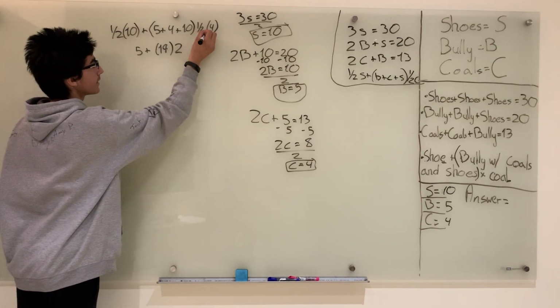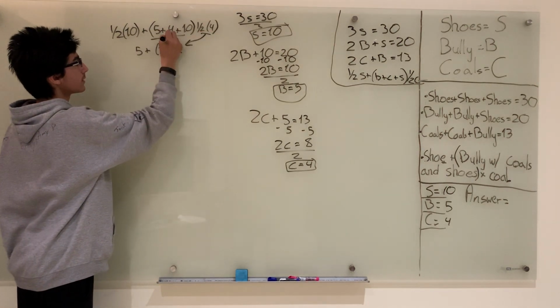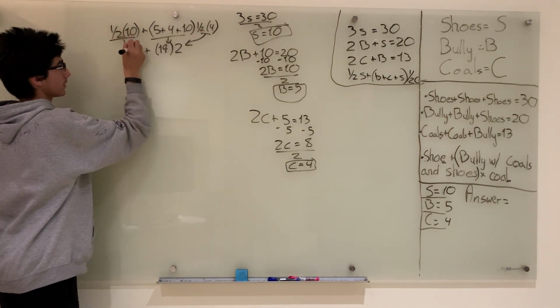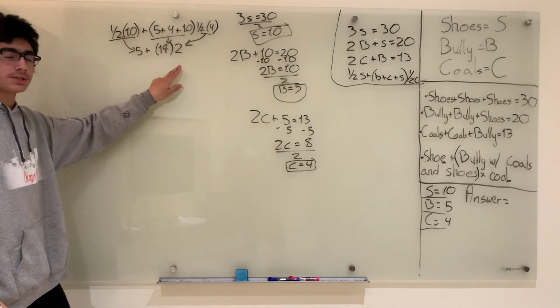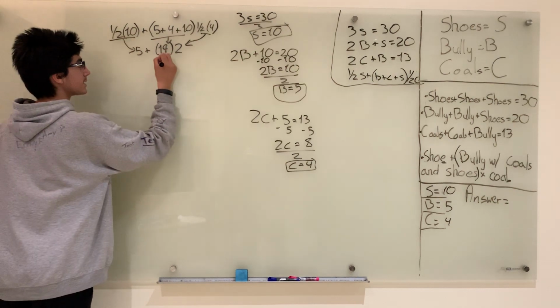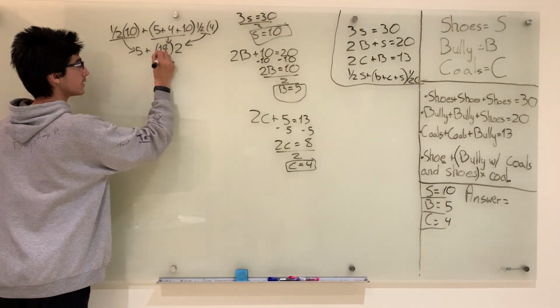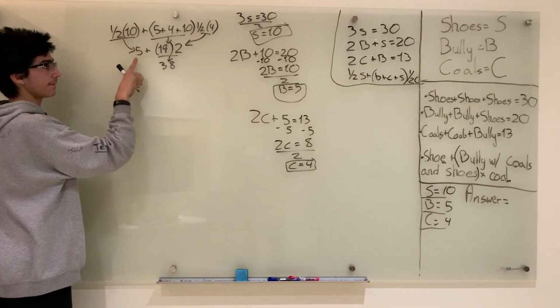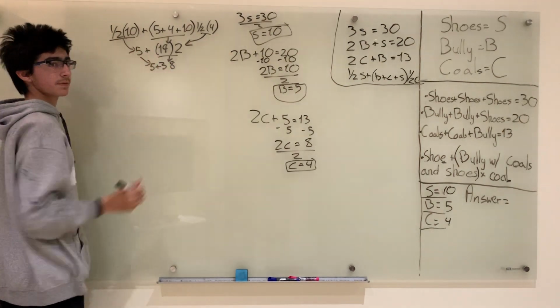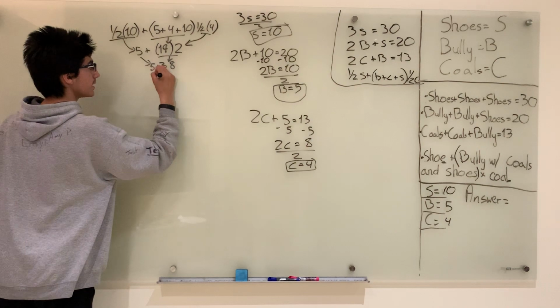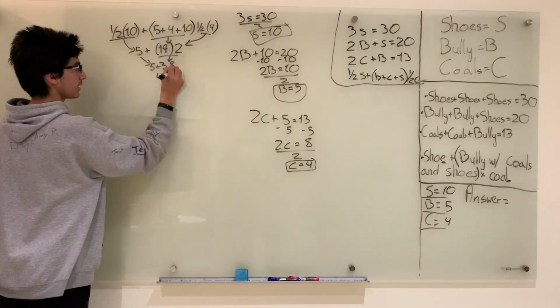So we have this. Alright, so 19 times 2, that is 38. And then 5 gets brought down. 5 and 38 is 43.